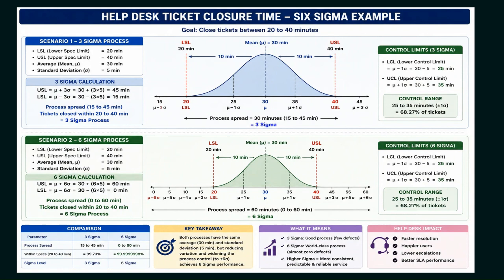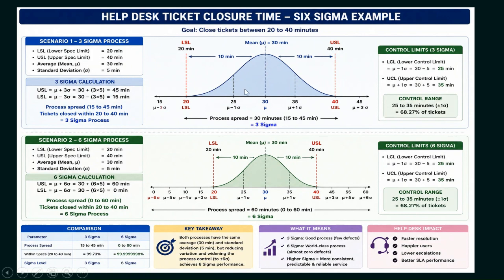So when your lower specification limit and upper specification limit stand here, I'm just pointing my arrow. Between this and this red dotted line, if you're able to finish, it means you're in a 3 sigma process.